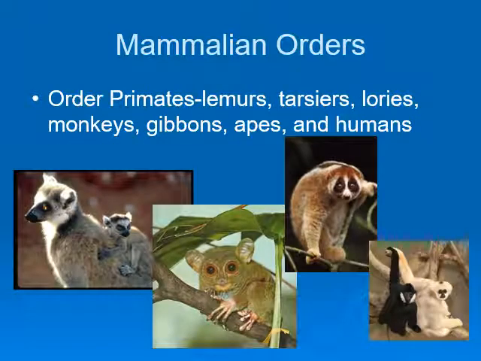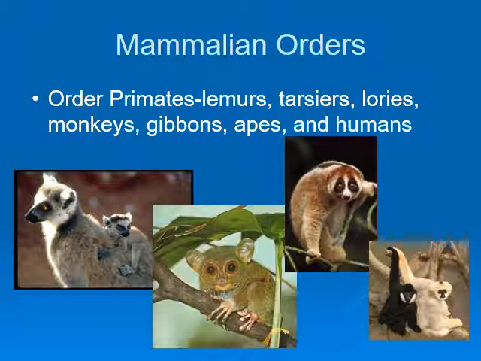Order Primates includes many different organisms, including lemurs, tarsiers, lorises, monkeys, gibbons, apes, and humans. So anything that you think of as related to apes, monkeys, lemurs, these are all going to be in the order Primates. The thing about these guys is they have adaptations to move through trees, a lot of them.